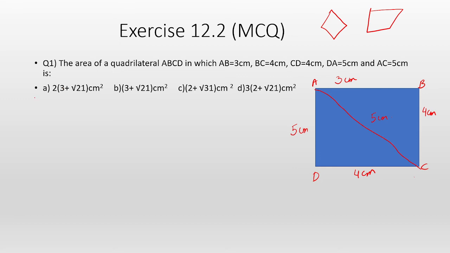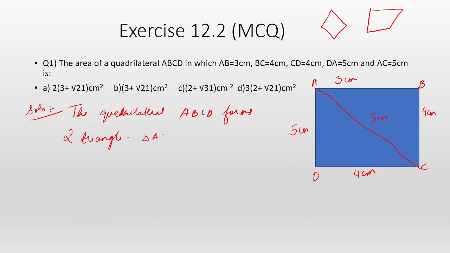Now if you look at this, the quadrilateral ABCD forms two triangles. I hope you're able to see what those two triangles are: triangle ABC and triangle ADC. Clear?